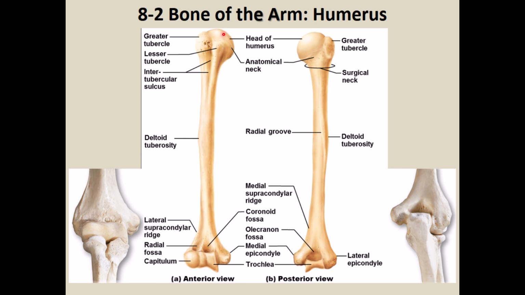So if I go back and look at it, all these structures are in the proximal view, all of them. The head of the humerus is located medially. Greater tubercle is located laterally.